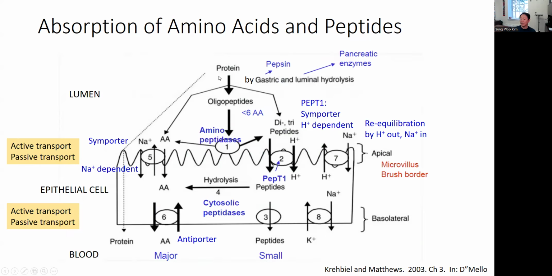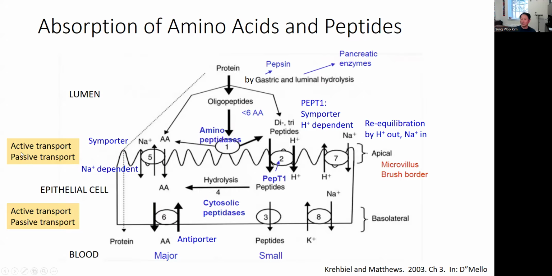The amino acids will be absorbed going through the apical membrane of the enterocyte. This is done by many different kinds of systems or SLCs. They could be sodium-dependent transporters or not, so they either transport spending energy or not.